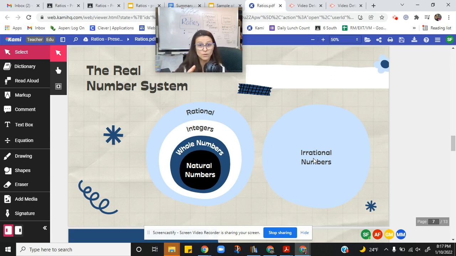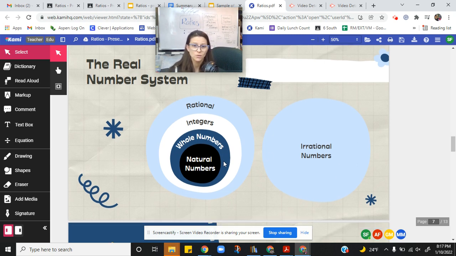If it's a ratio, we have to manipulate it differently than if it's a fraction representing a single value. Is it comparing two quantities or is it just a single value? And that changes the way we're working with them. So that's why we're focusing on the real number system while we're also learning about ratios.